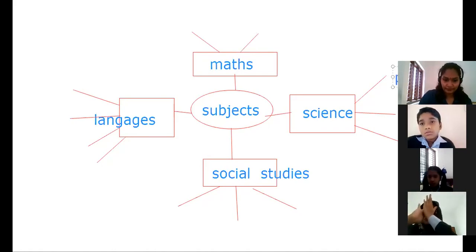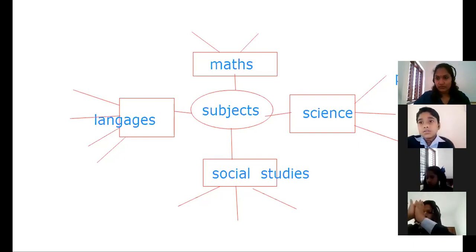Social studies: history, geography, civics. Physics, chemistry, biology.